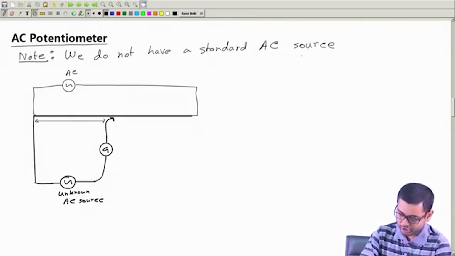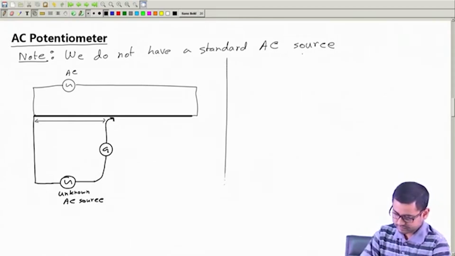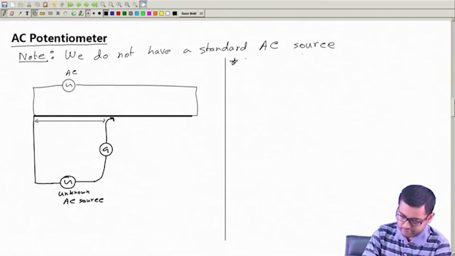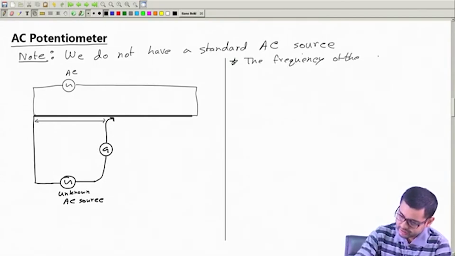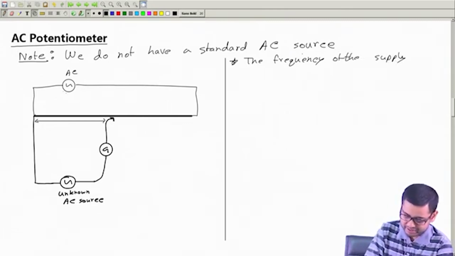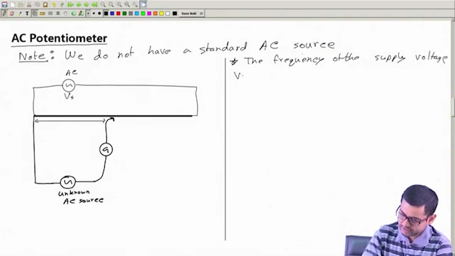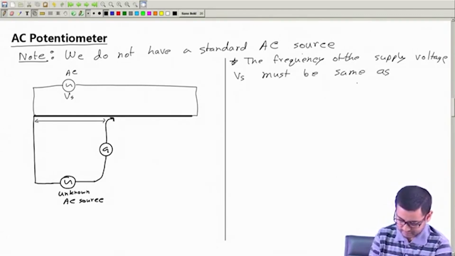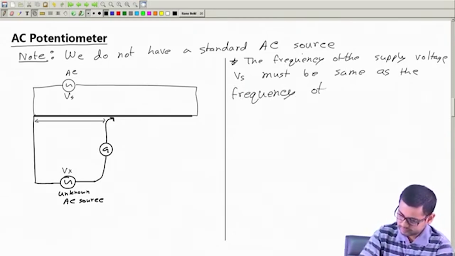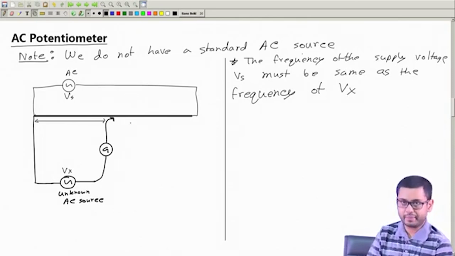So, important point: the frequency of the supply voltage Vs must be the same as the frequency of this unknown voltage, call it Vx. Else, we'll never get a balance.